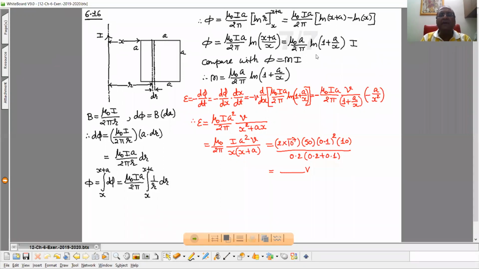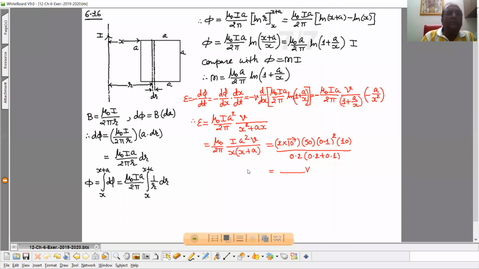Now if we compare this equation with phi equal to M into I, that is the mutual inductance, we can write the equation for the mutual inductance for a system of long wire and square loop, that is mu 0 a upon 2 pi ln 1 plus a by x. So the mutual inductance is now calculated.